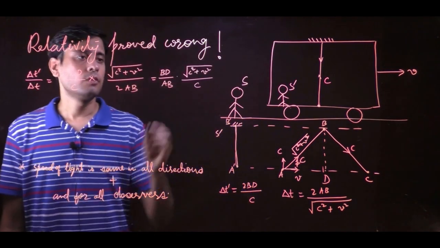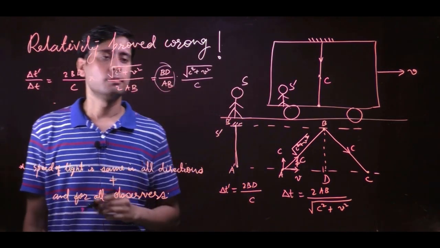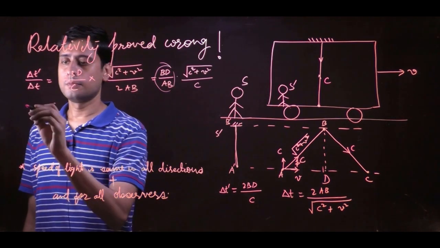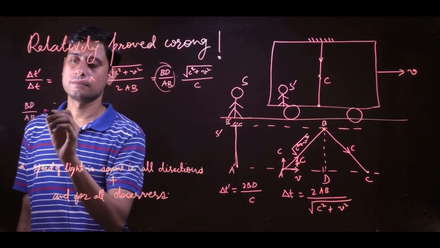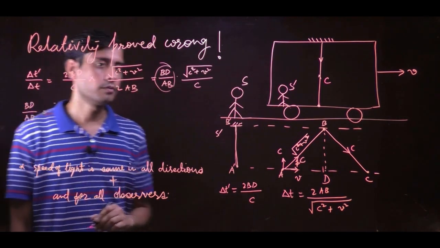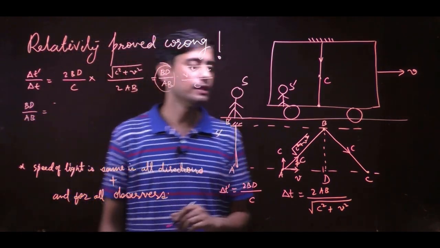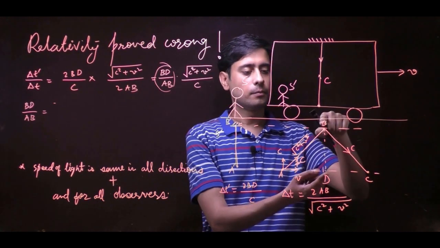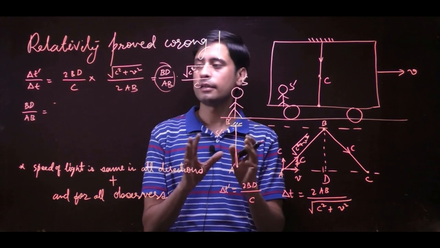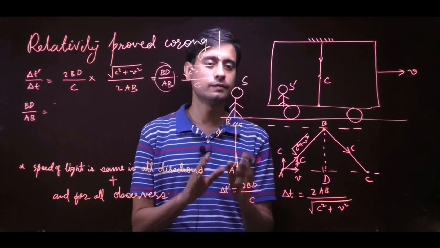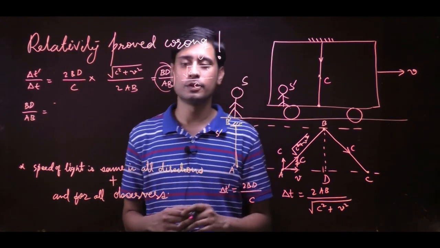So now we have to calculate this BD upon AB. We are going to write all the things with respect to the S observer.